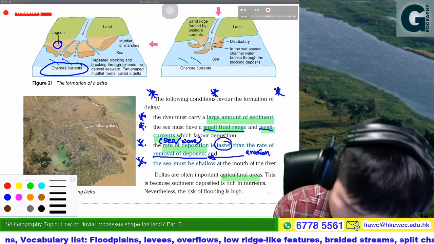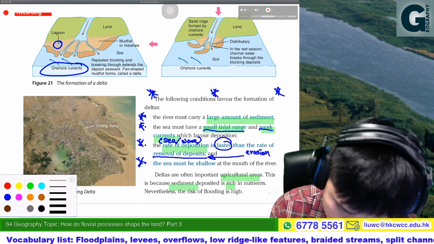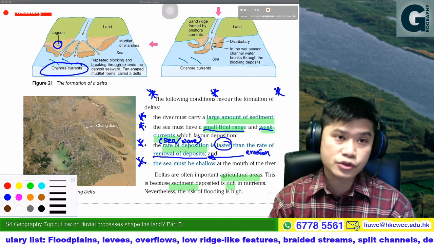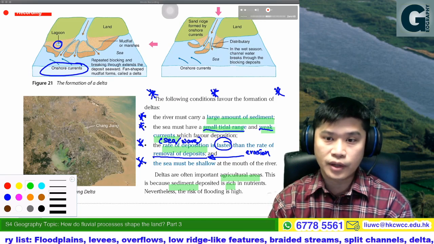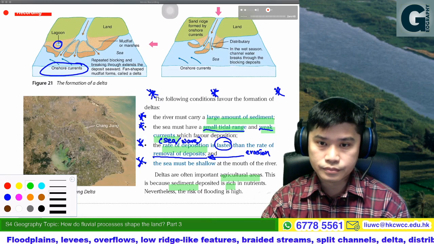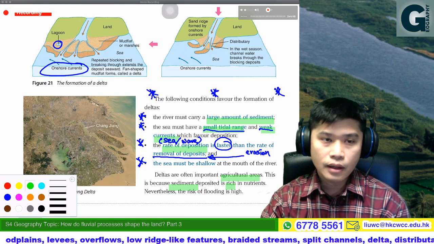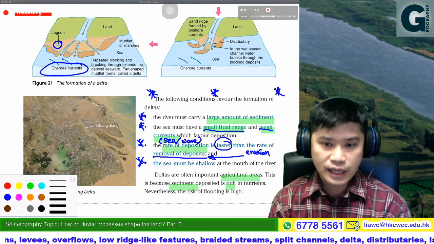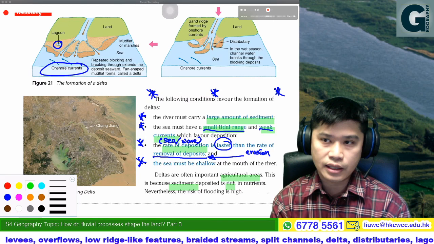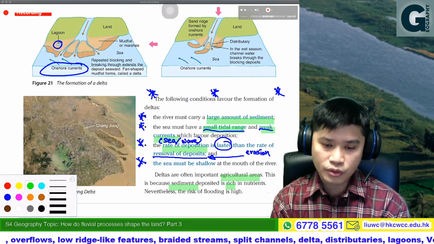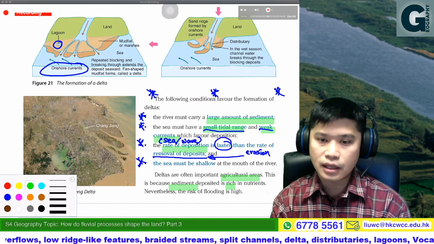This is because the sediment deposit is rich, or we would say fertile soil, so full of alluvium. So therefore farming will be good. On the other hand, flooding is also common in the delta.